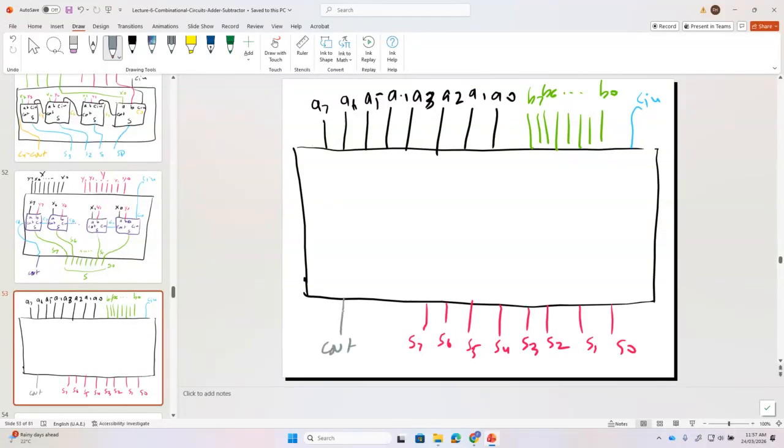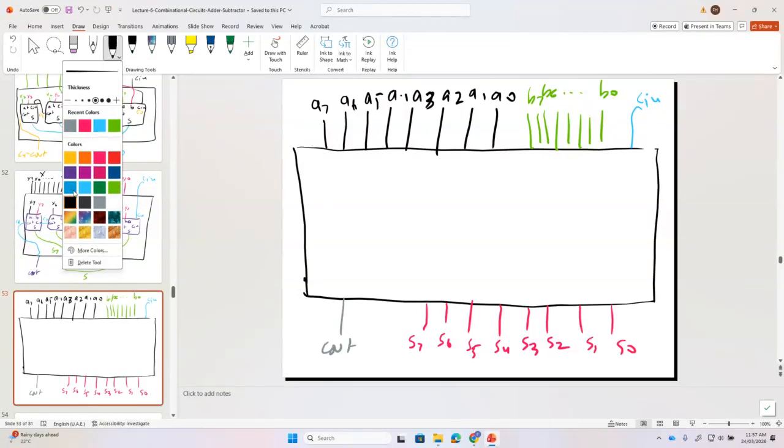But now let's assume we are given 4-bit adders. So now this is my 4-bit adder.